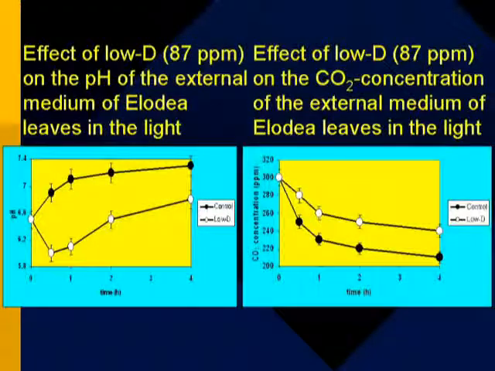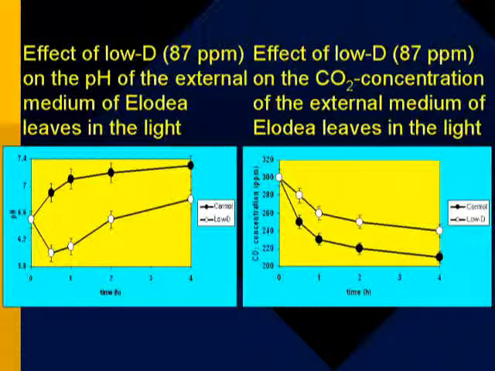So when we did the same experiment in low deuterium, 87 ppm deuterium concentration, instead of seeing this gradual increase in the extracellular pH, we saw a sudden drop followed by a gradual recovery.